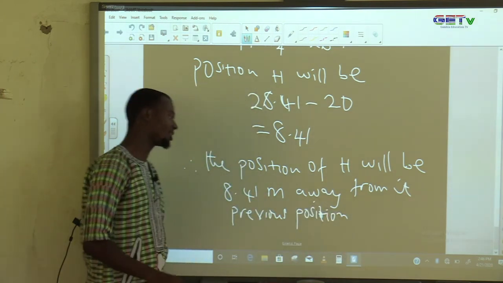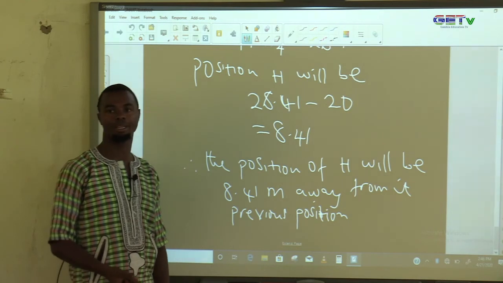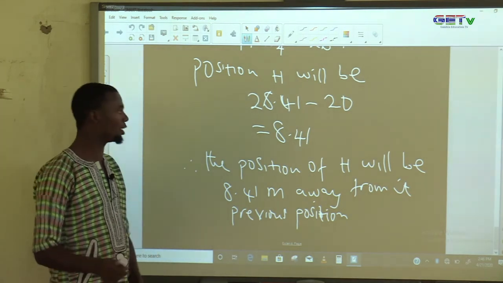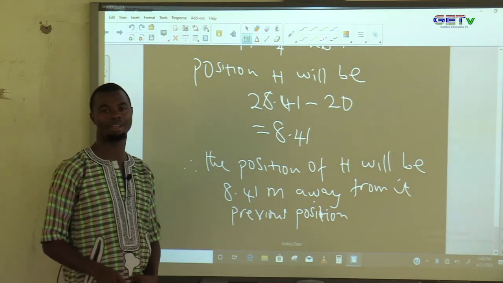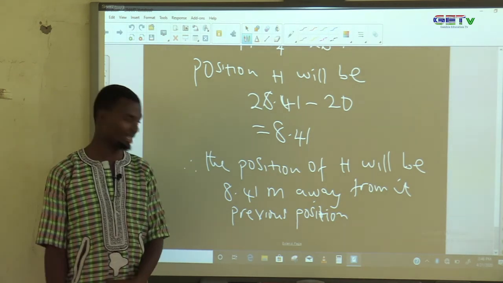Or you can say the position of H will be 28.41 meters away from the foot of the tower.